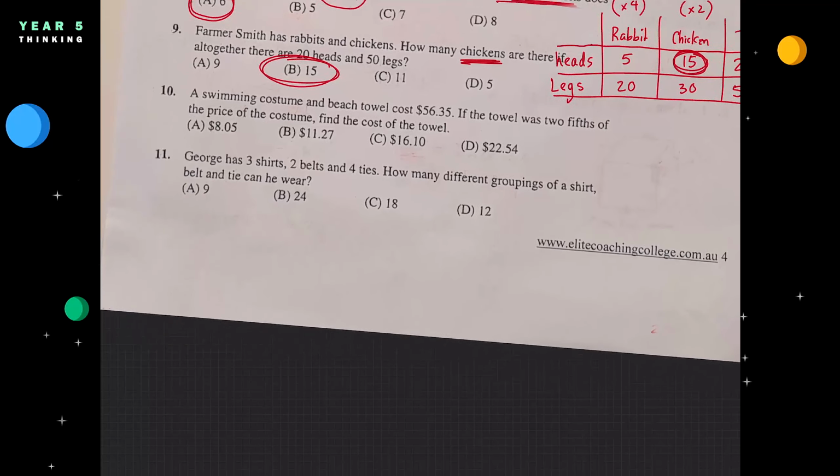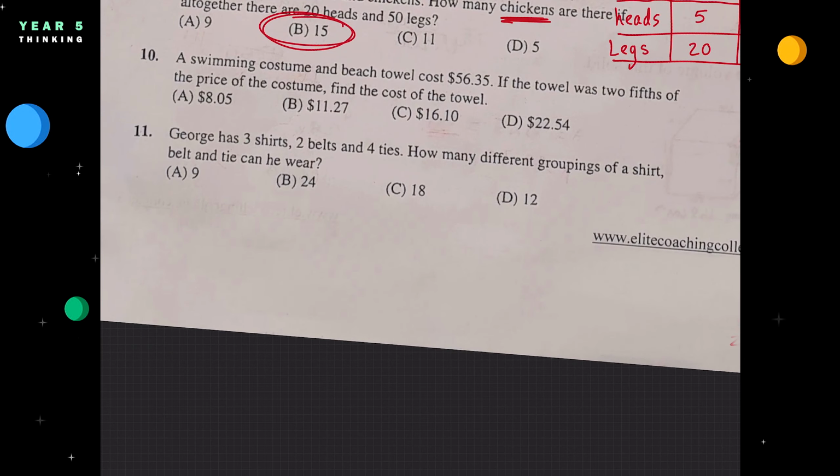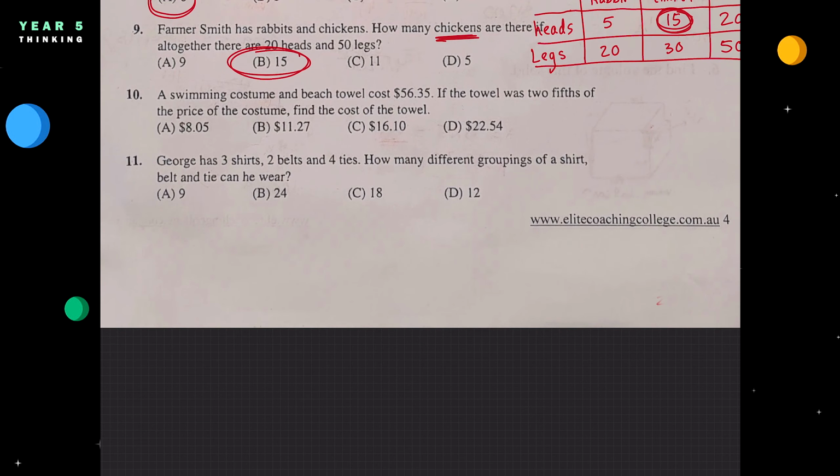Alright. Next one says a swimming costume and beach towel cost $56.35 together. If the towel costs 2/5 of the costume.